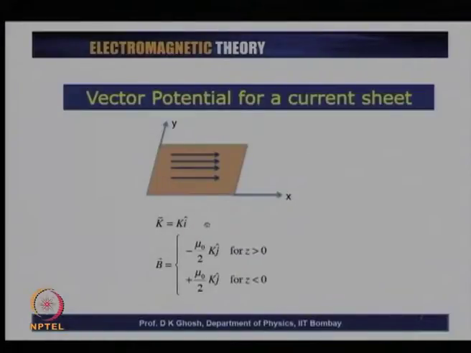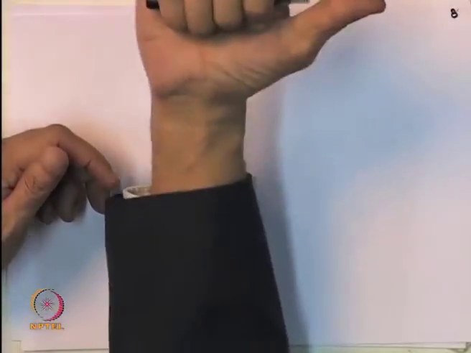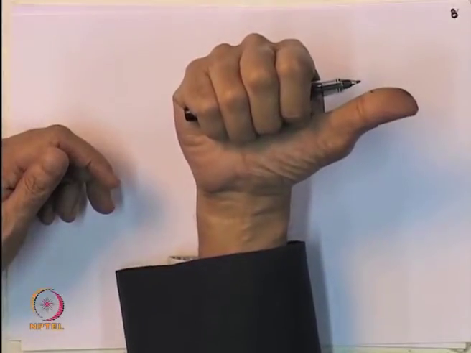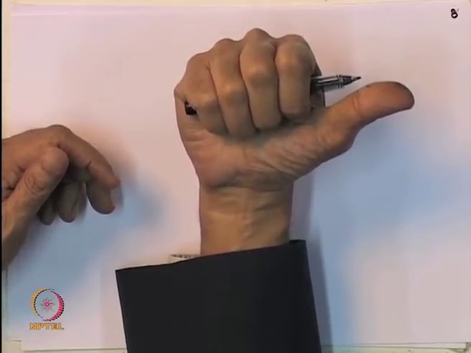So, I have this linear current density as K times i, and the magnetic field corresponding to such a current density can be easily computed using Ampere's law. So, that gives you that the magnetic field is constant both above and below. It points, as you can see, because if I point my thumb along the direction of the current, the direction in which my fingers curl gives me the direction of the magnetic field.